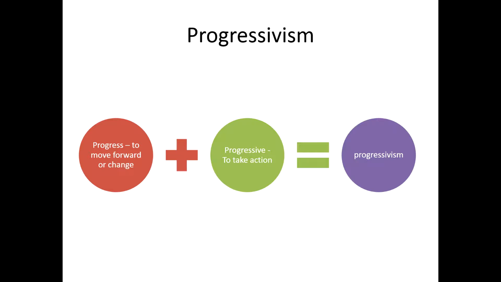The progressive movement was a movement in the early 20th century aimed at correcting social injustices, reforming government, and restoring economic opportunities for all Americans.